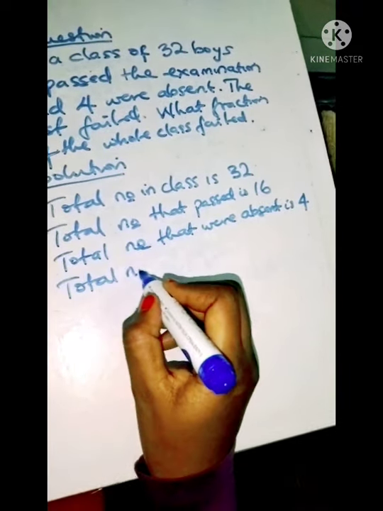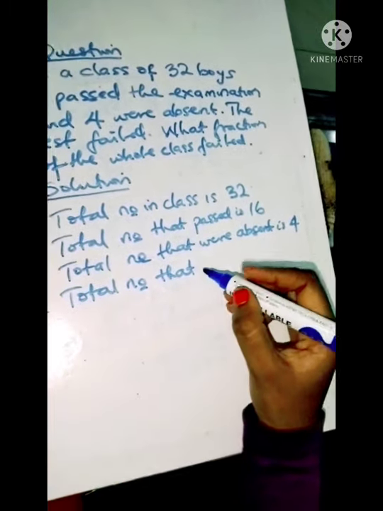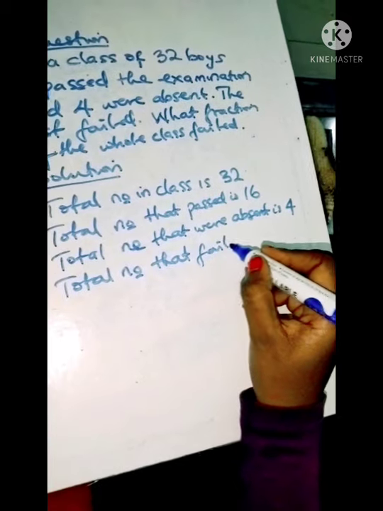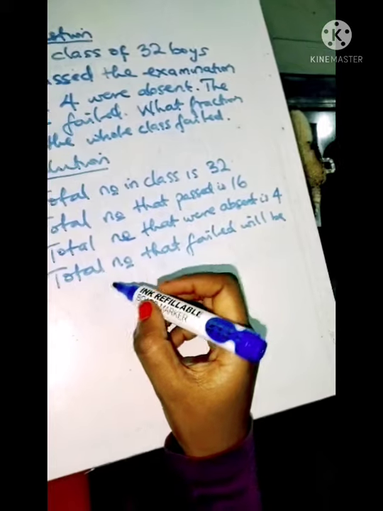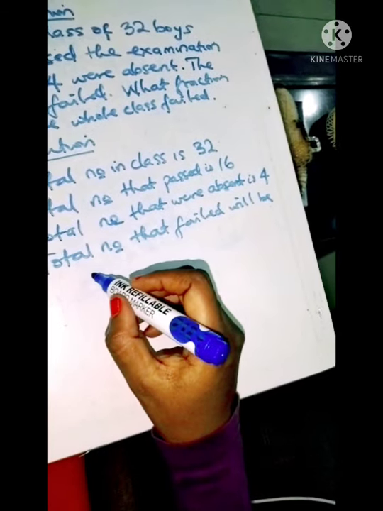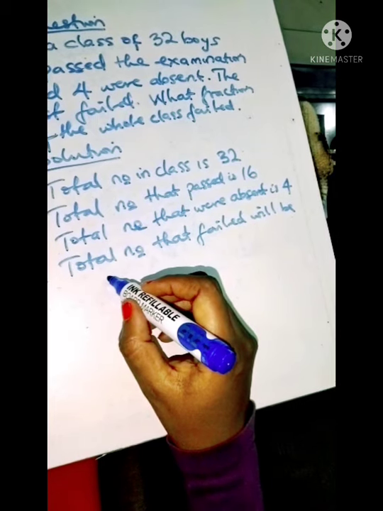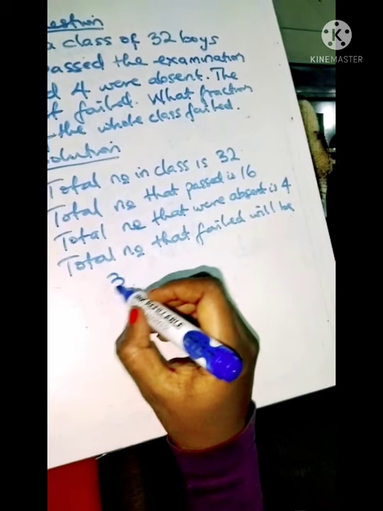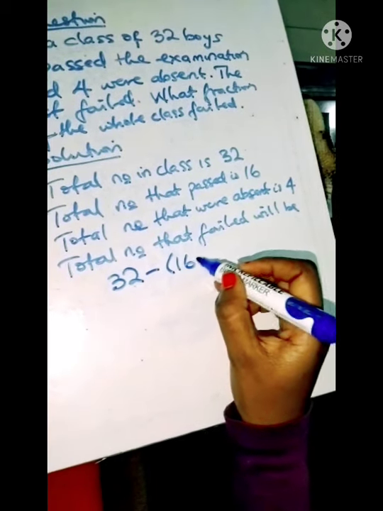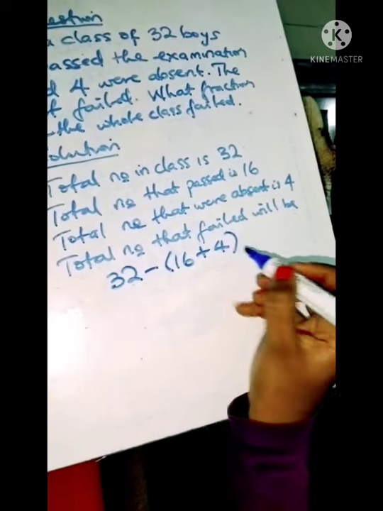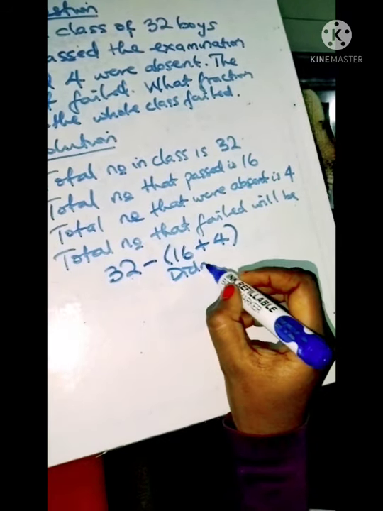And finally, the total number that failed will be what? We will subtract from the total number of people in the class, which is 32, the sum of the number of people that passed plus the number of people that were absent, which is 16 plus 4.